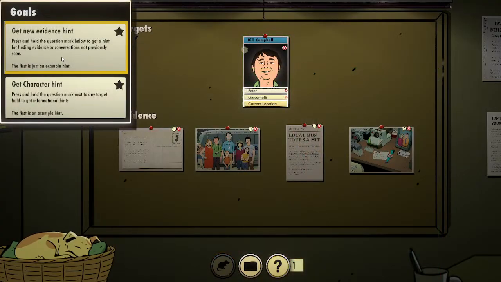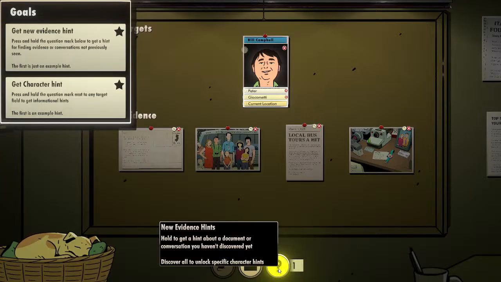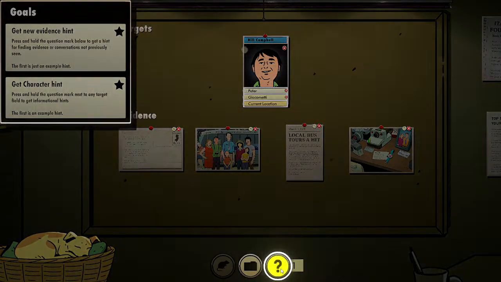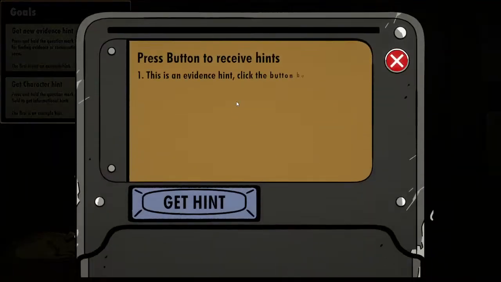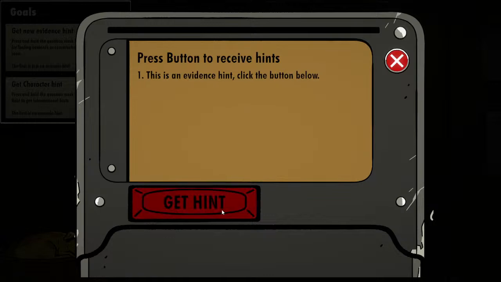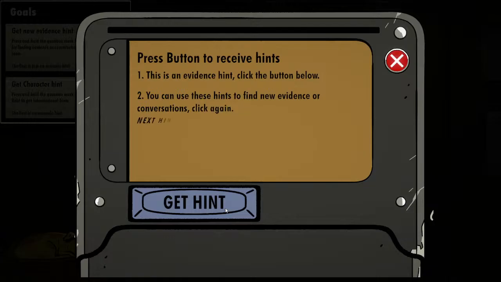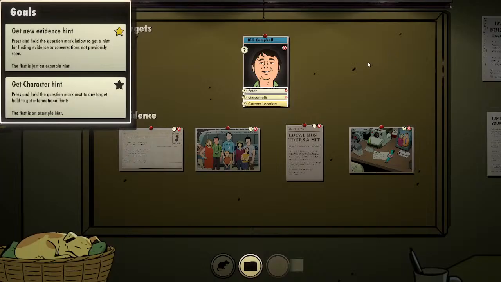Okay, get new evidence. Press and hold a question mark to get... So the first is just an example hint. So it won't actually tell us anything, will it? This is an evidence hint. Click the button below. You can use these hints to find new evidence or conversations. Click again. Next hint gives answer. Well, we can probably figure out the answer ourselves, right?